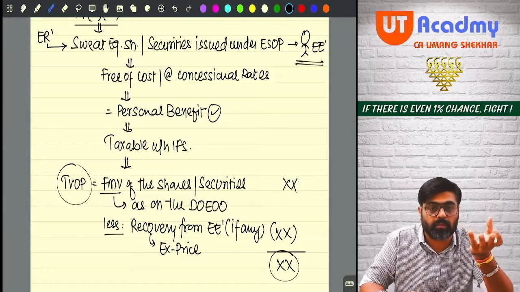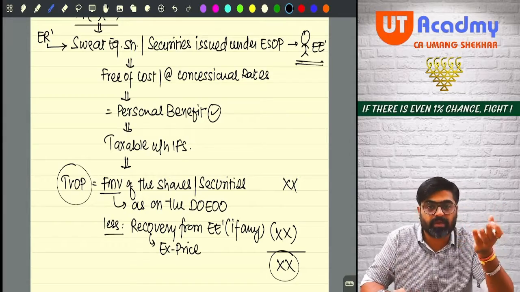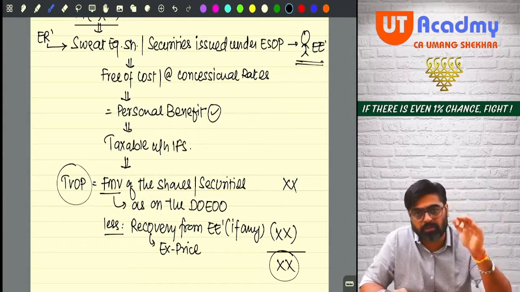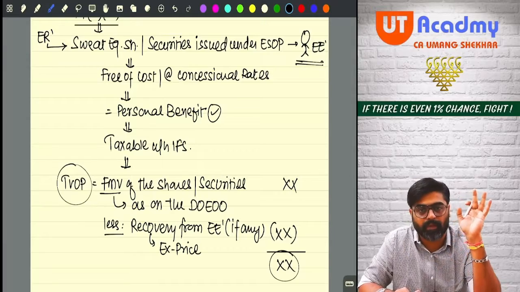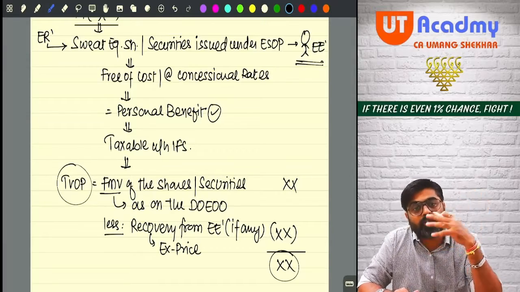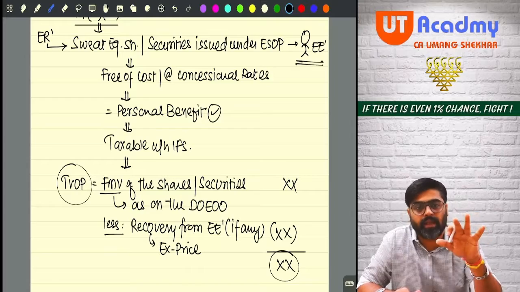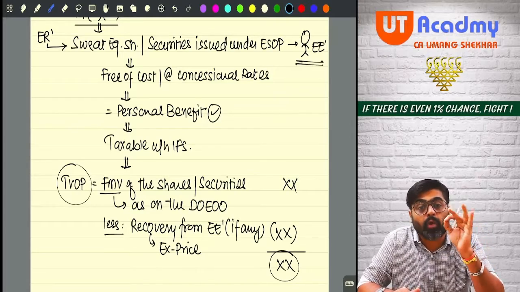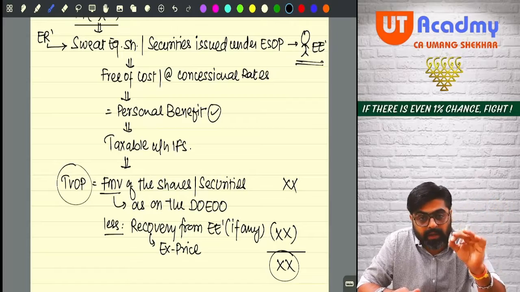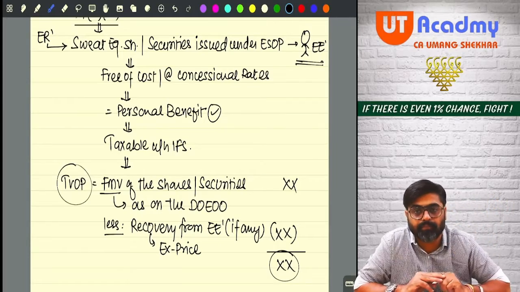on satisfying these conditions you become eligible, then an option comes in your hands. This option is not given to all the employees. This option is given to those employees who have fulfilled certain conditions prescribed by the employer. Now, once you satisfy that condition, the employer is saying that now we are giving you an option to buy 1000 shares of the company at a predetermined price of 100 per share.